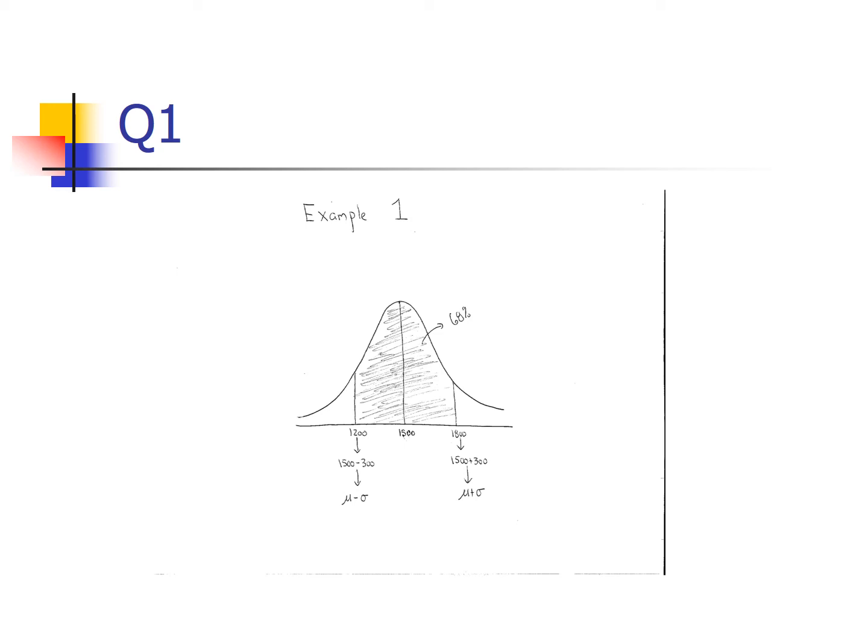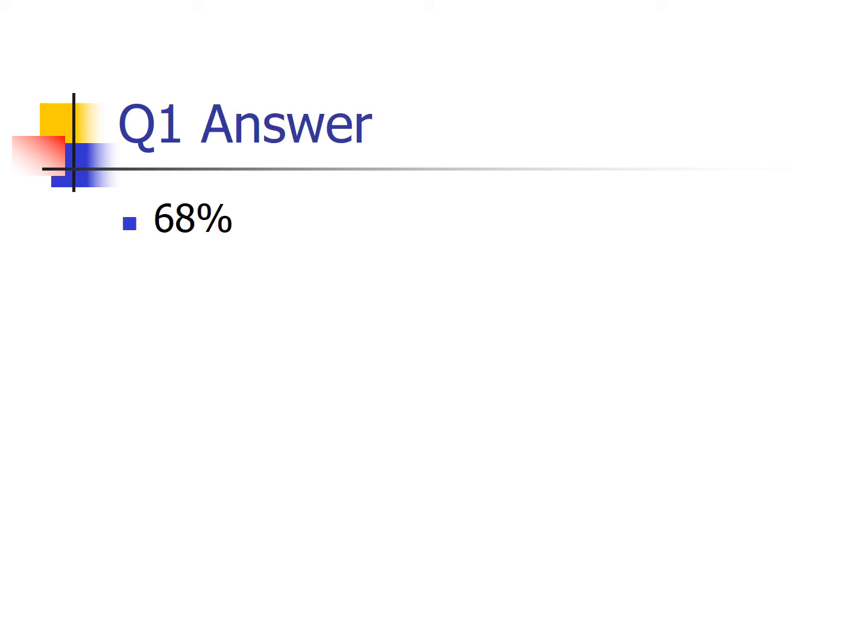So when I'm asking what percent of students, or what proportion of the area, is between 1200 and 1800, this is the same as asking what percent of students are within one standard deviation of the mean. If we look back at the previous slides, our empirical rule tells us that this is 68%. And so, just to be clear, there's our answer to the question: 68%.